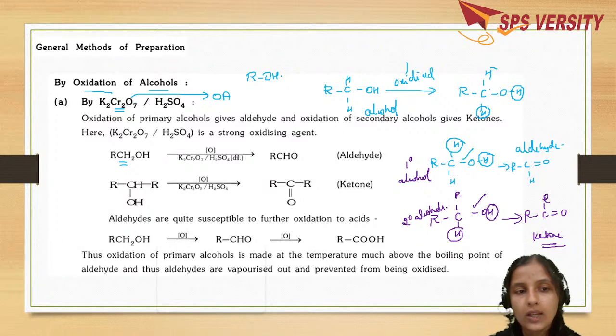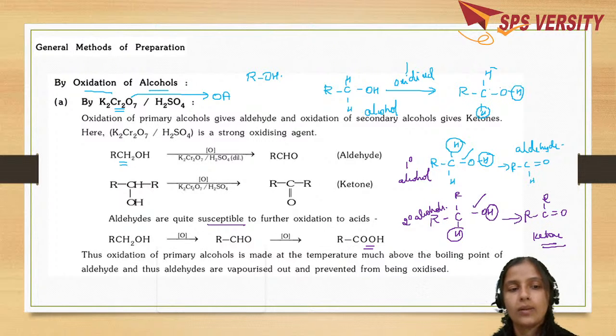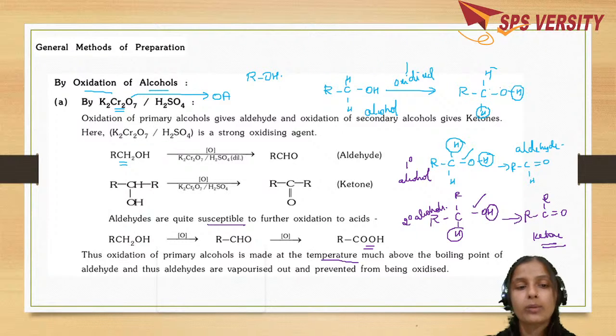If you take the aldehyde, these are quite susceptible. That means on further oxidation, they may get oxidized to the corresponding carboxylic acids. So the oxidation of primary alcohols is made at a temperature above the boiling point of the aldehyde, because of which aldehydes are vaporized and they are not oxidized.